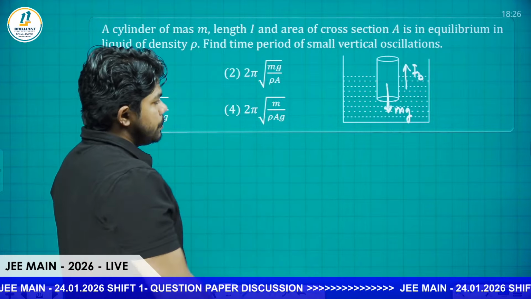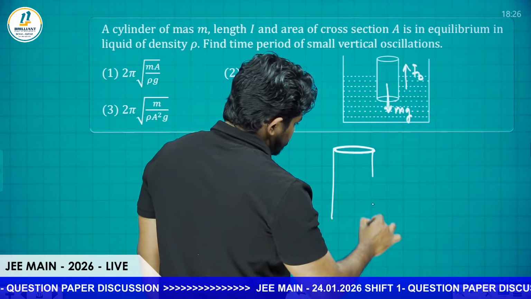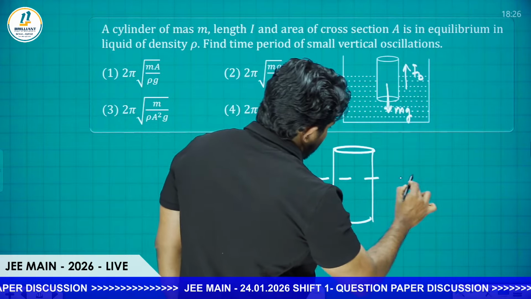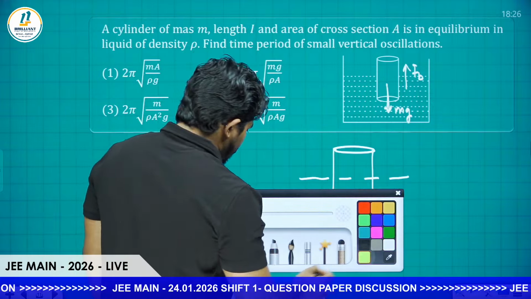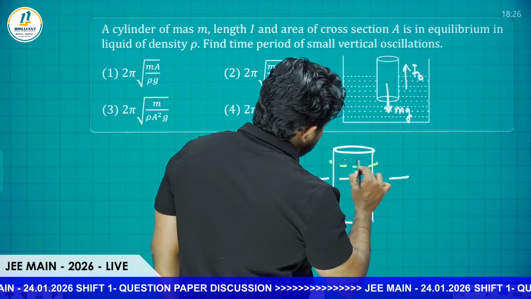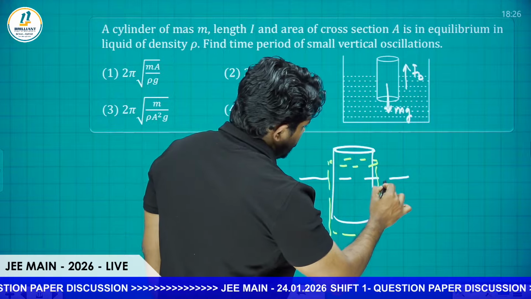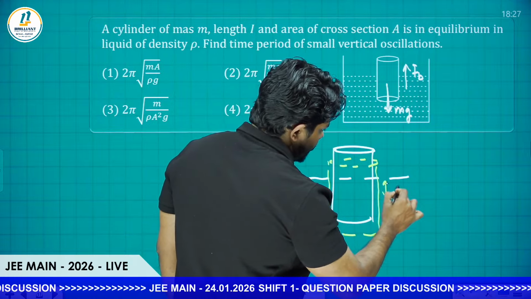Okay, so suppose this is the cylinder, and that cylinder is being moved a distance x.